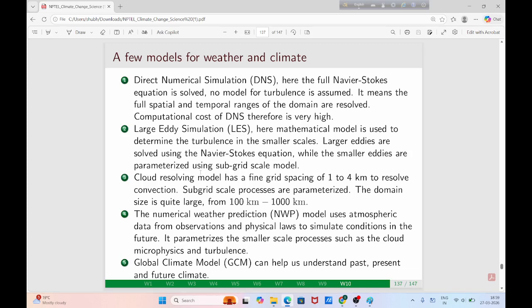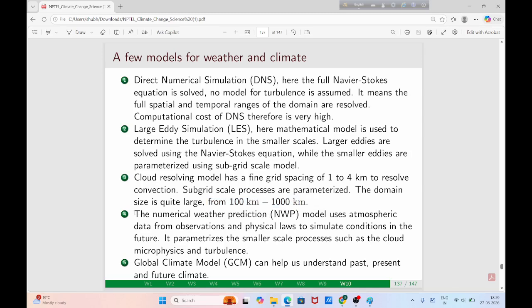Suppose they say that it will rain very heavily in the whole region of, let's say, Jaipur, but it might not rain in the whole region. There might be higher rainfall in the northeast part of Jaipur, and it might be relatively dry in the southwest part of Jaipur. But one benefit of cloud resolving models is they can cover a lot of range, 100 kilometers to 1000 kilometers.